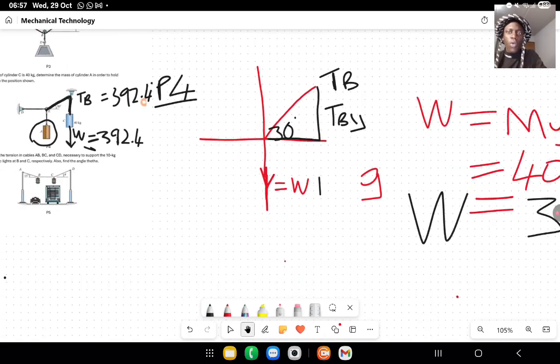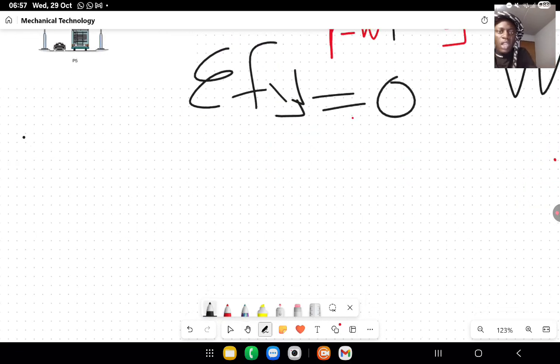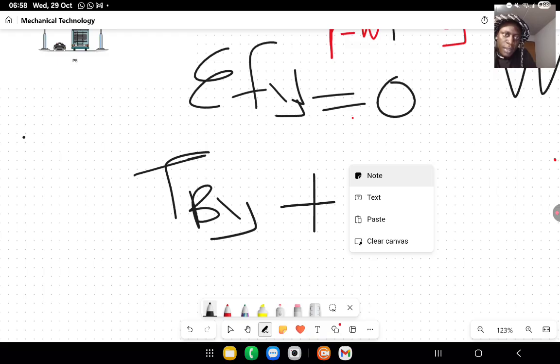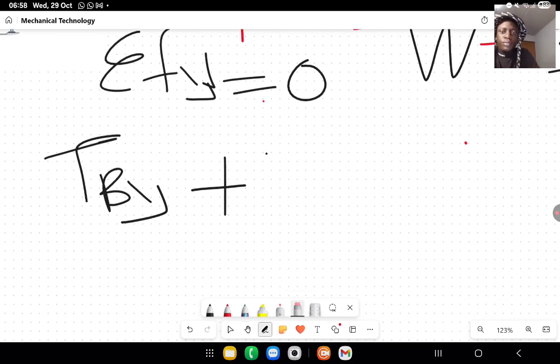Therefore, we are going to equate all forces at y to 0. The sum of forces at y is going to be tension TBY plus weight is equal to 0.